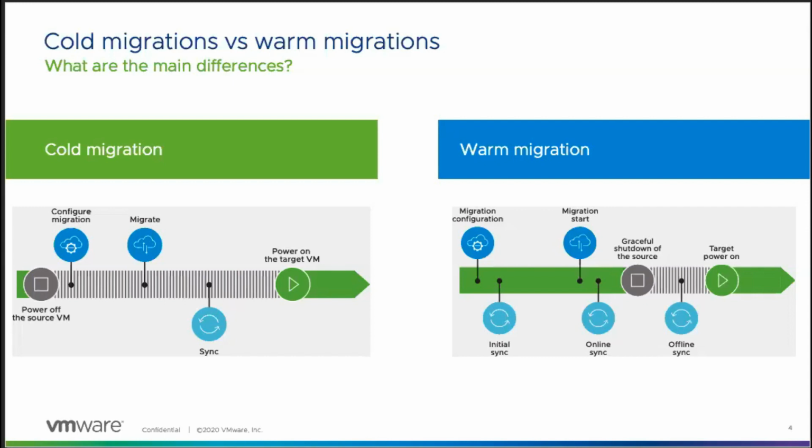We power it off and take everything that we couldn't capture before powering off with the online sync and push everything to the cloud, and then power it on. So it's a very smooth and quick process.